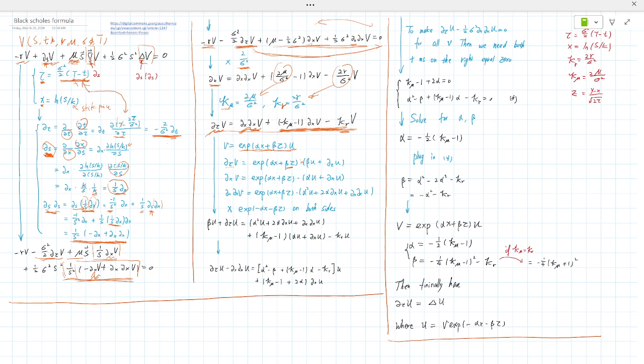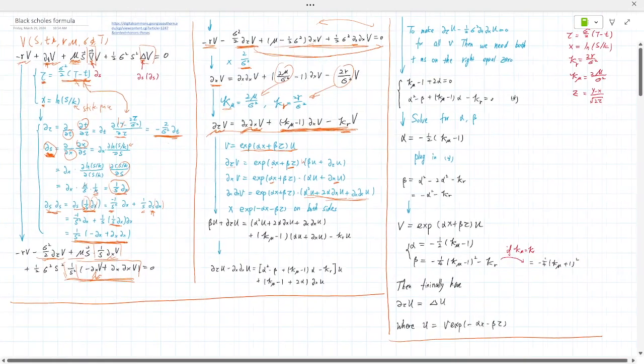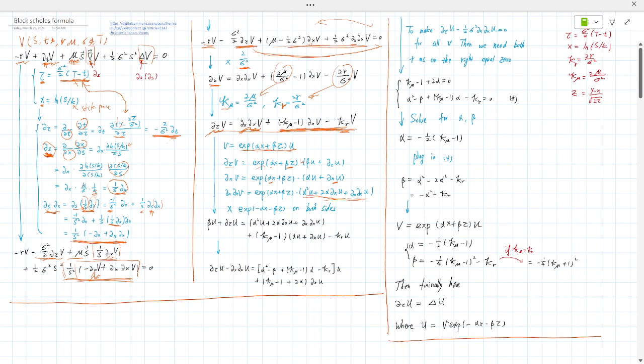Dx, same thing, acting upon this and then acting upon u. Dx squared, same thing twice, so it looks almost like a quadratic. And then, because the exponential always exists no matter what you do to it, we just multiply by its inverse to get rid of that term.